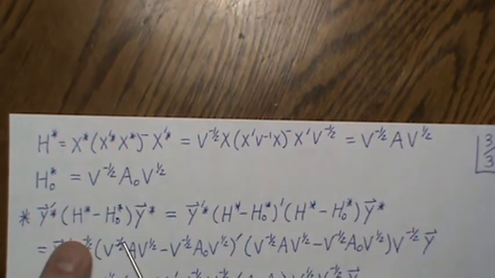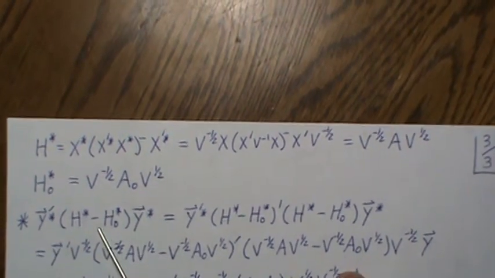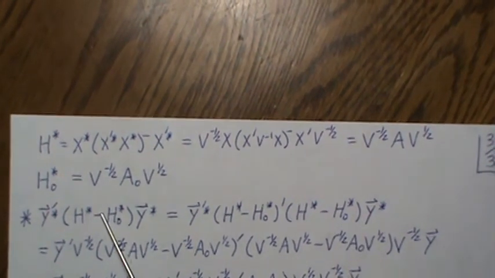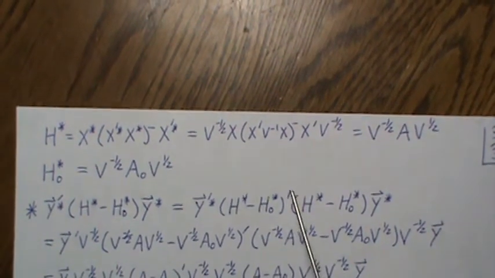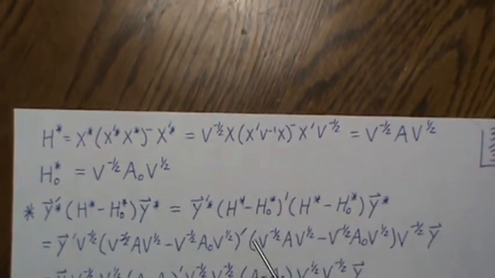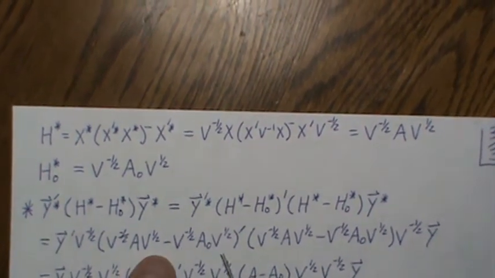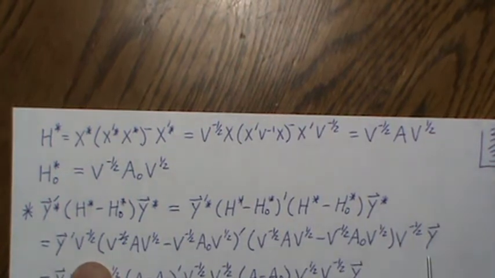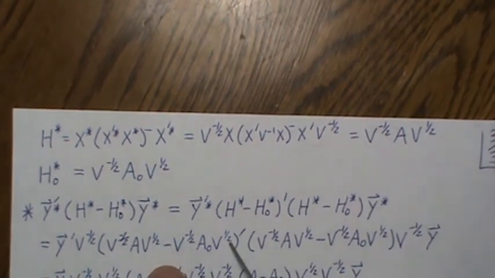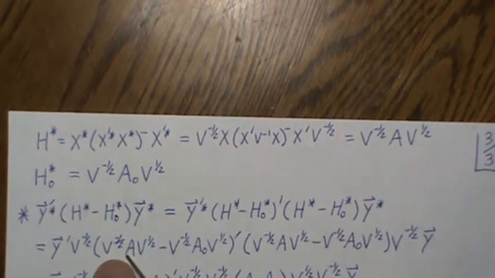So now let's look at this quadratic form. Since this is symmetric and idempotent, we can write it like this. We don't need the tick because it's symmetric, but it's going to help us understand what's going on a little bit better. Now for H star and H naught star, let's plug in what we just derived. So we get this long expression. Now when this transpose goes in, it reverses these and of course puts a tick. These are symmetric, and then it reverses that.